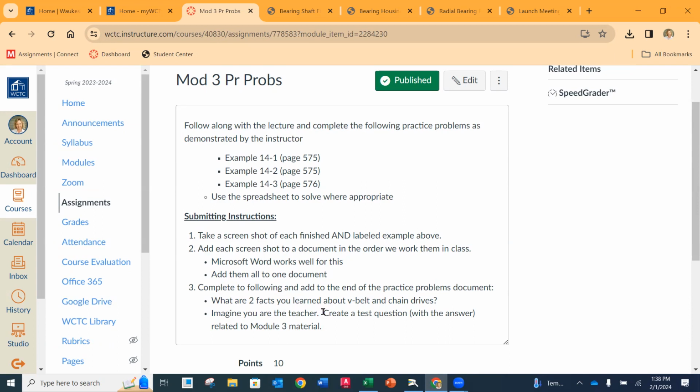This was a suggestion that I learned in some training that I did, and I never had done it before. I actually look forward to seeing your answers for those questions. I hope they're not painful for you. Remember, it's not about doing a lot of digging and researching. I just want to know your thoughts. What are 2 facts you learned about bearings today?